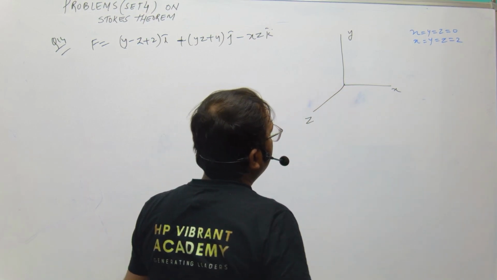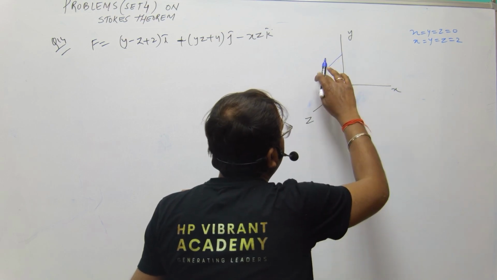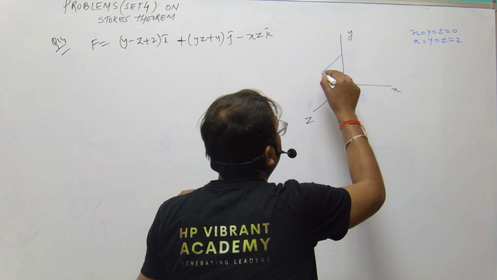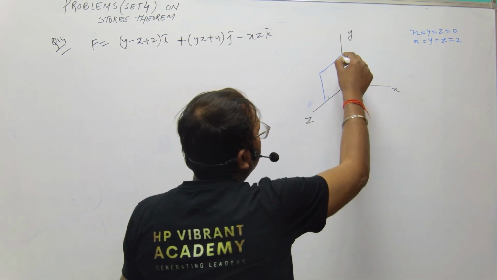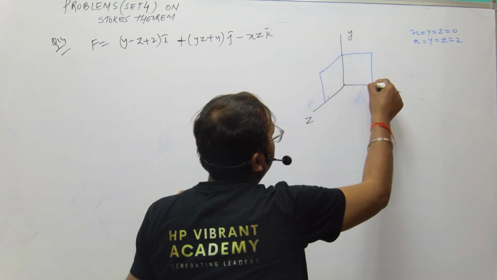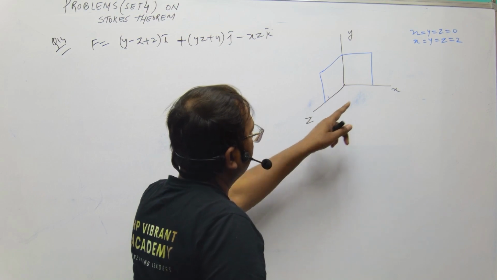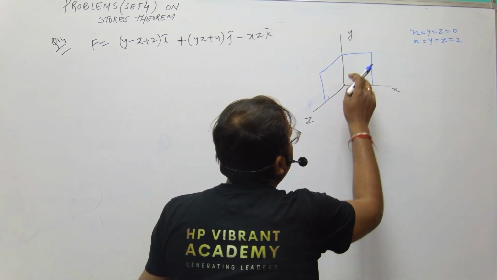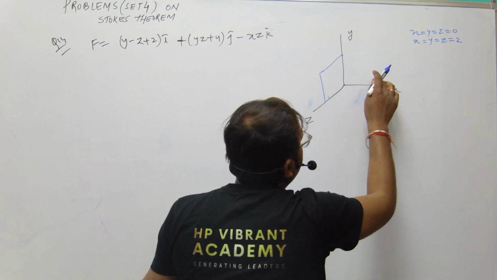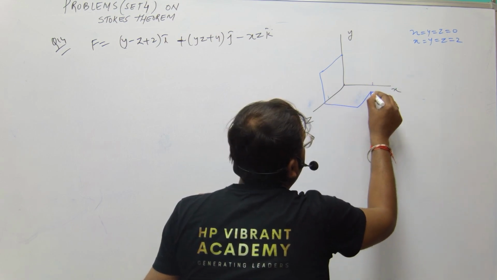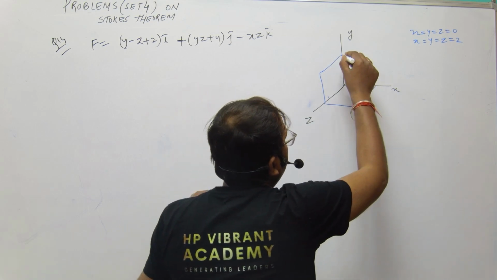So x is equal to 0 is this one. y is equal to 0 is this one. y is equal to 0 means the xz plane, and z is equal to 0 means the xy plane.